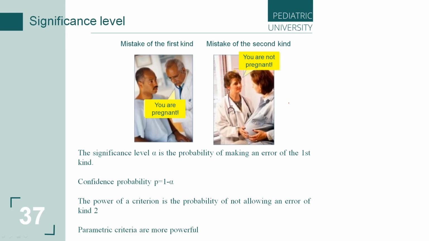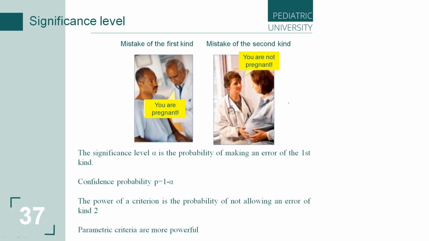What are the approximate values? We can't simultaneously reduce these errors without increasing the sample size. The significance level is taken to be 0.05, that is, a 5% probability of an error of the first kind is considered acceptable.